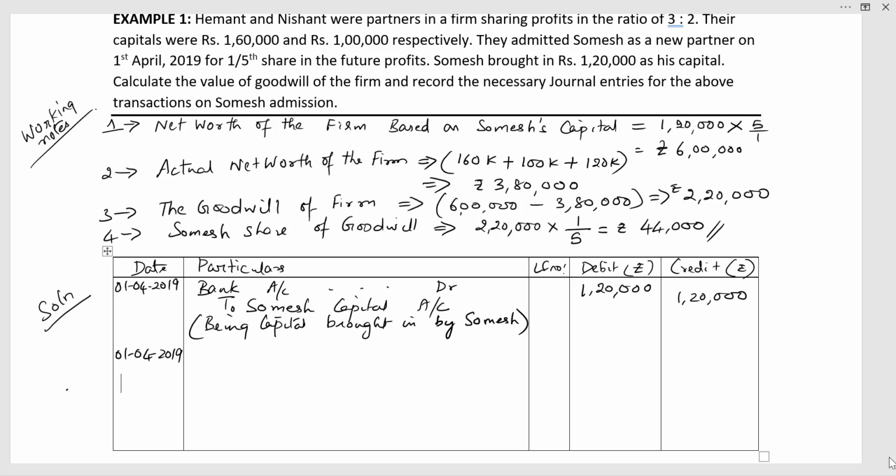The sacrificing ratio between Hemant and Nishant is equal to the old ratio, which is equal to 3:2.